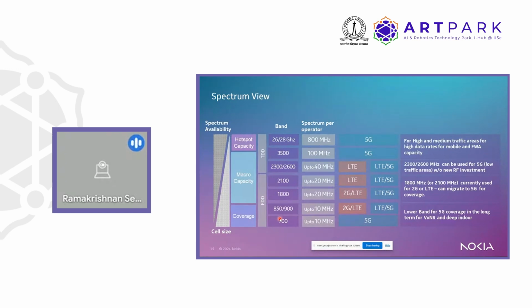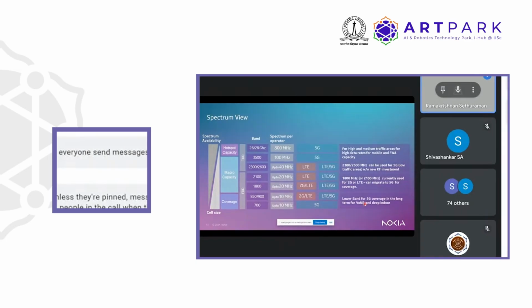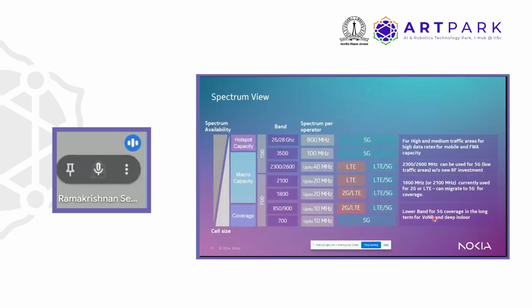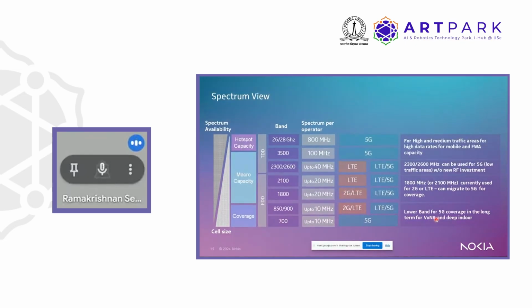So if you are looking at voice over NR, earlier with LTE you had voice over LTE, and when you migrate to 5G, you can go for voice over NR. When you go in for voice over NR, you need to make sure that you have at least one sub 1 gigahertz layer to make sure that you have ubiquitous coverage, and then have a good layer for that service to be offered.